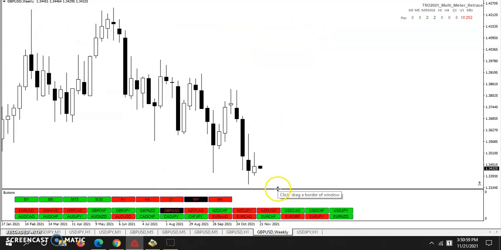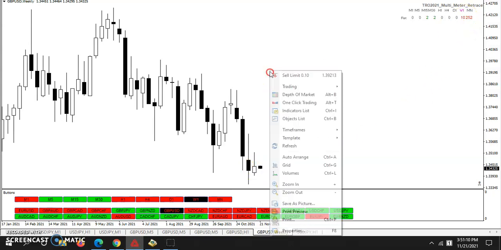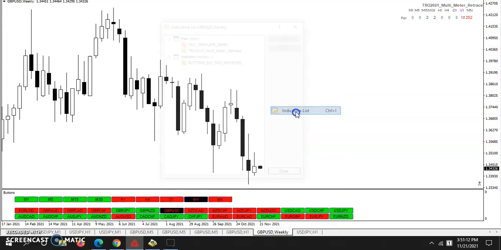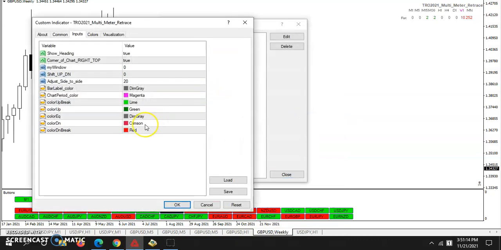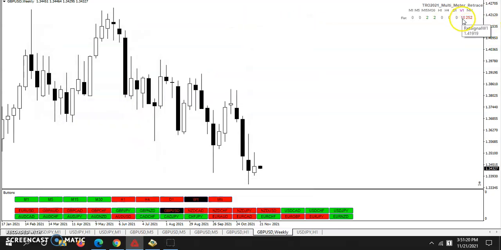So if we shift over to the weekly, you can see it's starting. That's weird. Is that really a down break? No, it's just going down. Down break is red. Okay, so it's going down. So you can see here it's below the previous close.